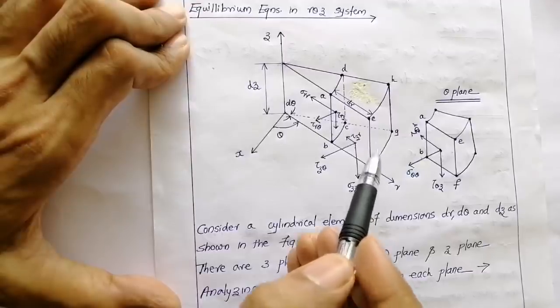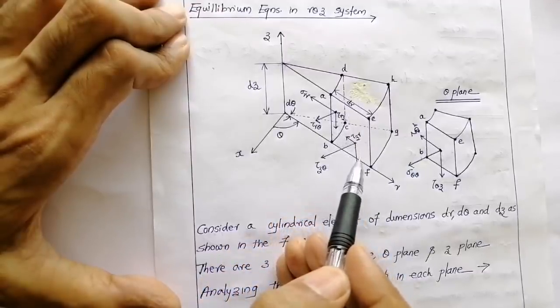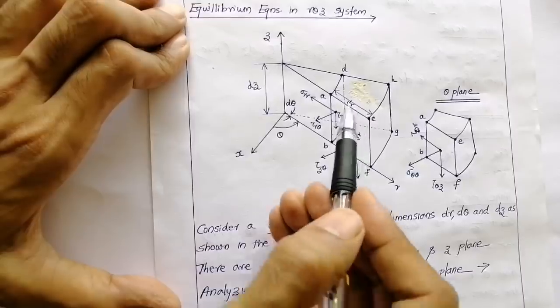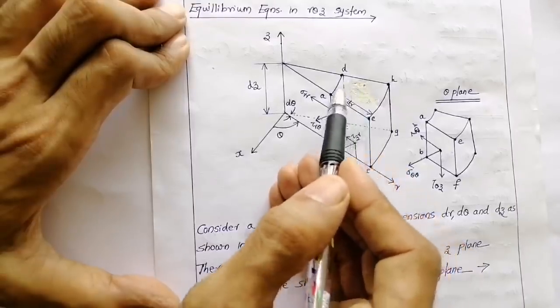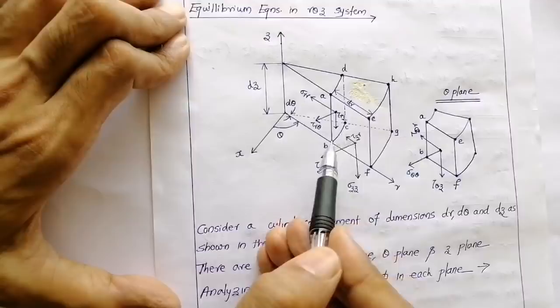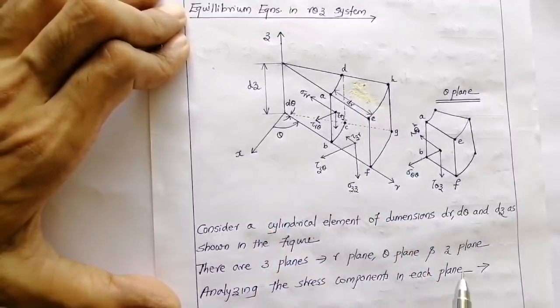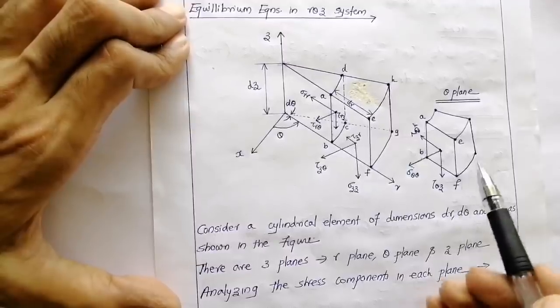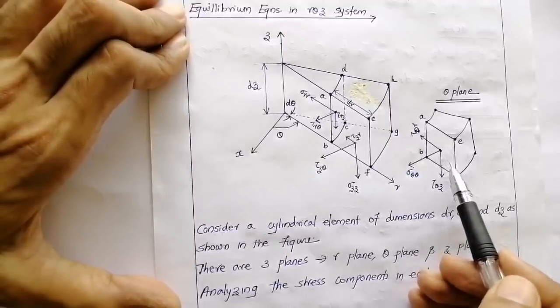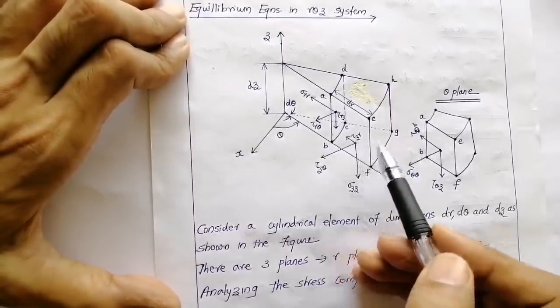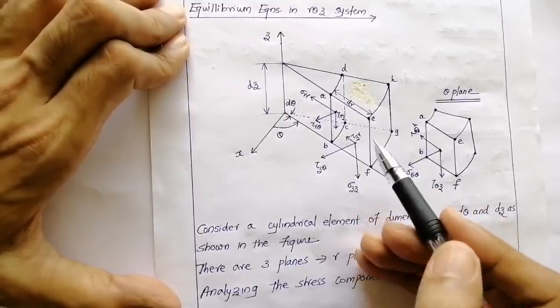We have two z planes, where z plane means the z axis is perpendicular to that plane. This is one z plane in which the z axis is perpendicular, and beneath this is another z plane in which the z axis is perpendicular. So, we have two z planes. Now the theta plane I have represented here in a different diagram, because if I mark it here it will be congested. If you can mark it here, that's also well and fine.